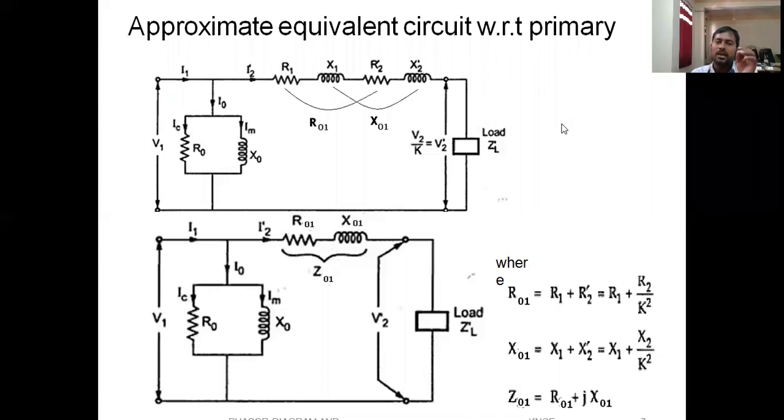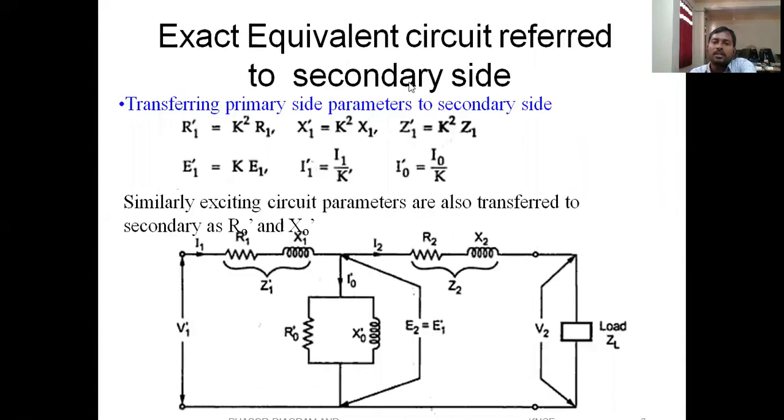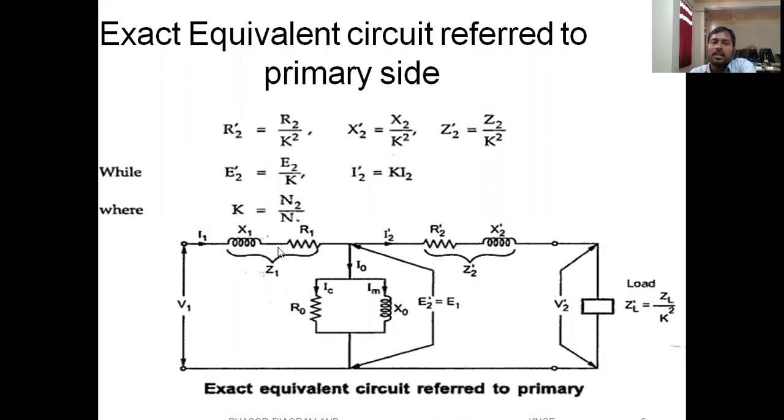Here R1 X1 is available before the shunt branch. If you shift this R1 X1 to the right side, you can add R1 with R2 dash and X1 with X2 dash.